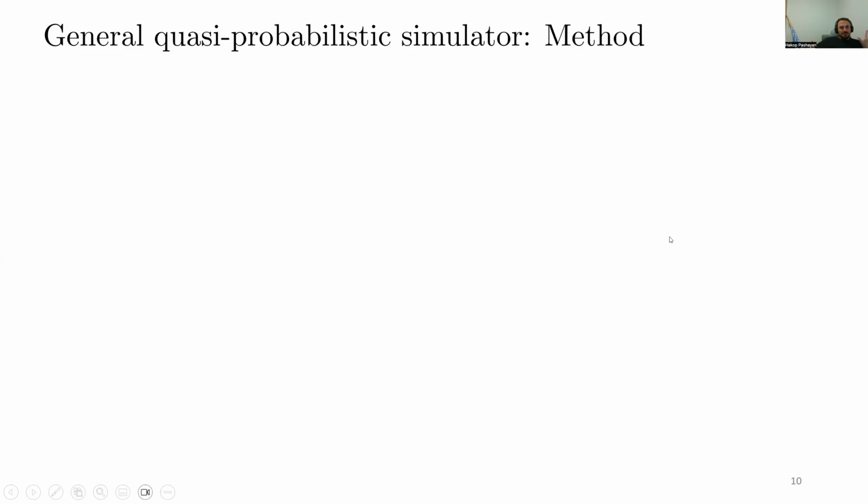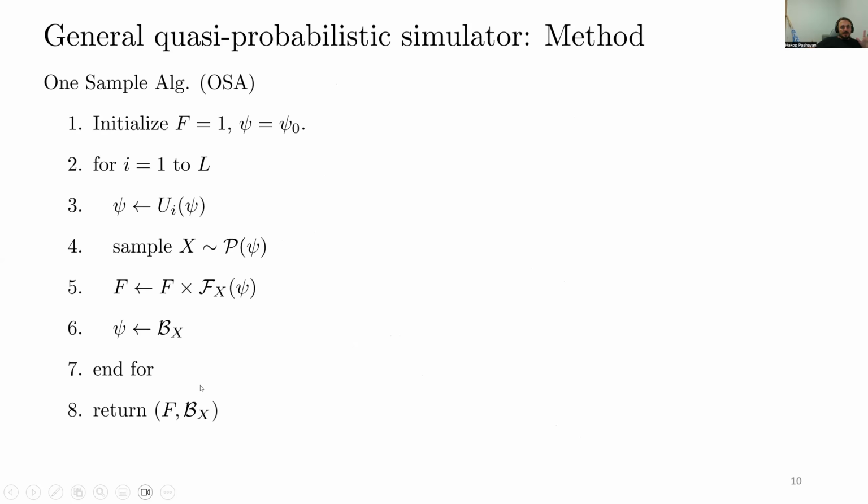There's going to be two bits. I'm going to show you how the one sample algorithm works. This is going to be sampled a bunch of times, and then we'll see what the multi-sample algorithm does with a bunch of these samples. But for now, let's focus on how one sample goes. We initialize some number F to 1, and we set our state to psi 0, the initial state.